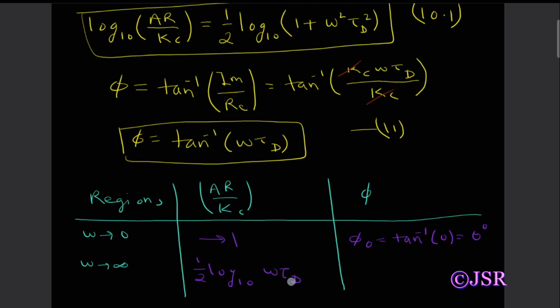So it means omega tau d whole square. So we will take 2 out, and we will get log 10 omega tau d. So finally here we will get AR by Kc equal to omega tau d.